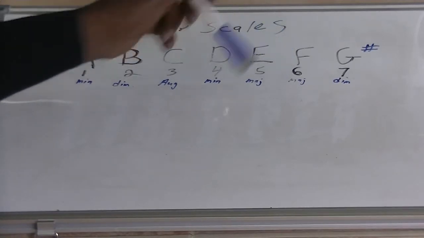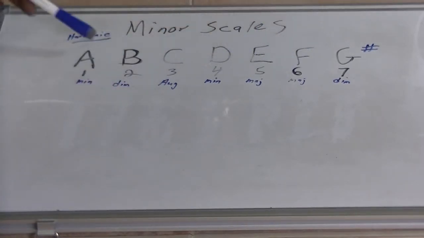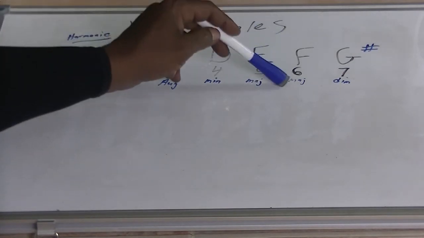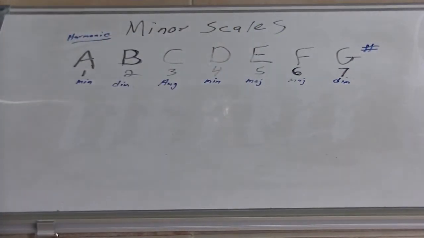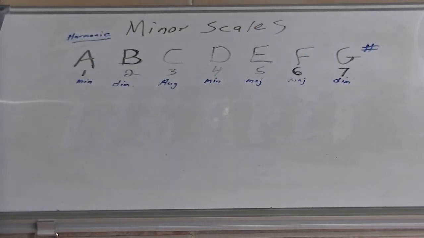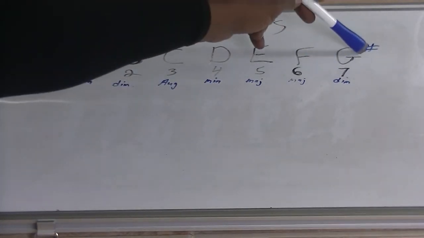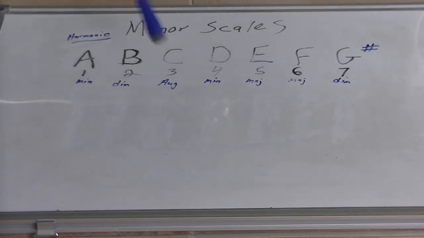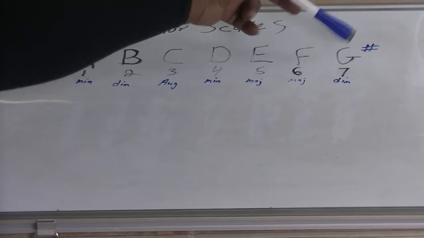For the 6th chord, we have the F, the A, and the C. So the notes of this chord aren't really affected by this G sharp note. So this chord remains a major chord. And finally, when we look at our 7 chord, because we start with the G sharp now and we add the B and the D, it now becomes a diminished chord.